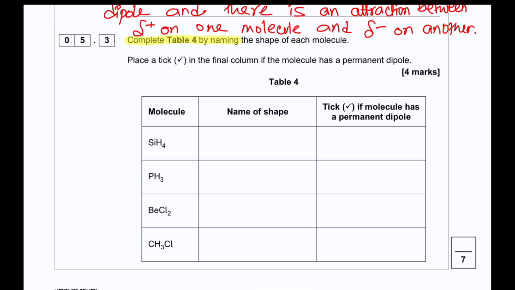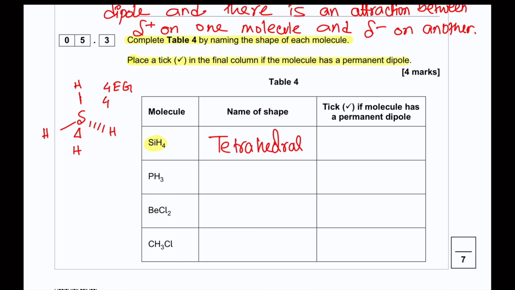Complete table 4 by naming the shapes of each molecule. Place a tick in the final column if the molecule has a permanent dipole. SiH4 is tetrahedral because silicon is single covalently bonded with 4 hydrogen. So this gives 4 bonding groups. First of all, we can say there are 4 electron groups.